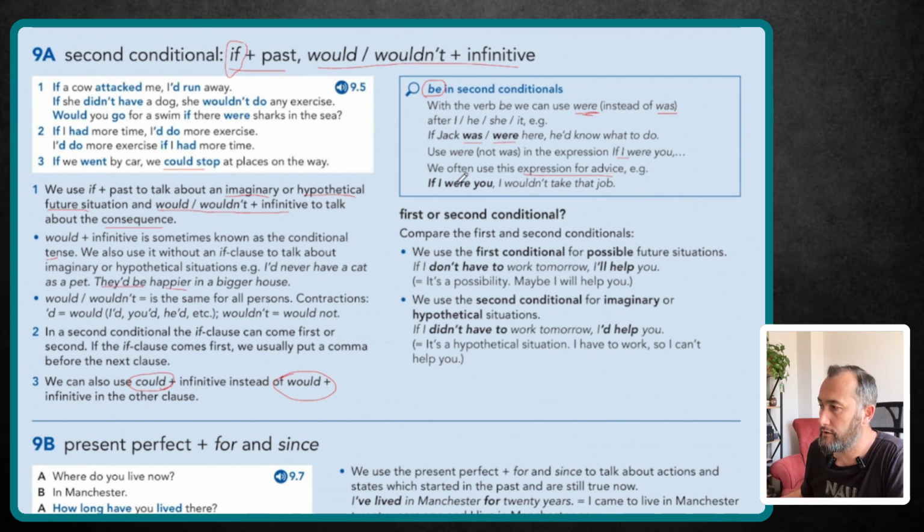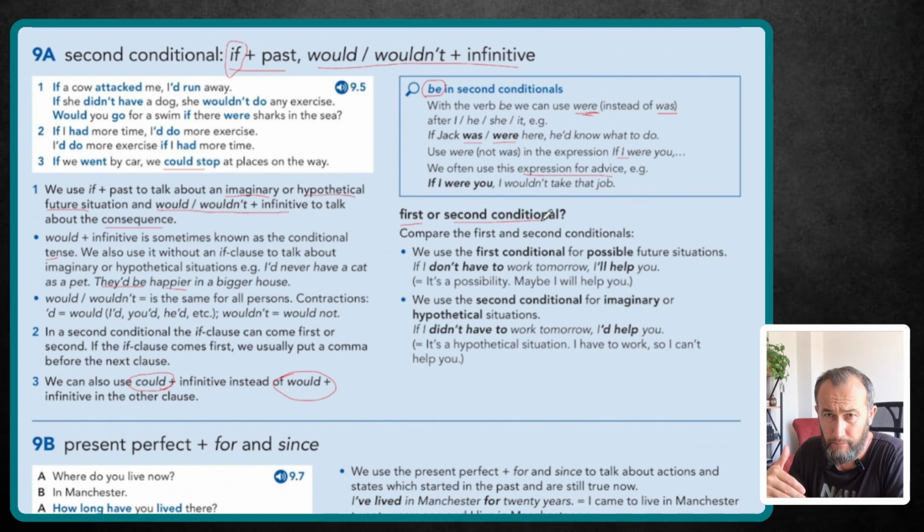So we often use "if I were you" for advice. If I were you, I wouldn't take that job. Okay, so the last point, first or second conditional. What is the difference again between first and second conditional? First conditional is real conditional. Second conditional is unreal conditional.